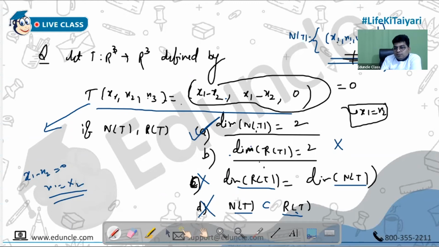This is a subspace of R3 which has dimension 2. So null space has dimension 2, so range space is 1. Why? Because range plus null equals the dimension of the left hand side vector space, a finite dimension. This is very basic, by the help of definitions.